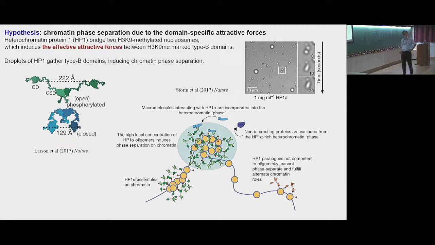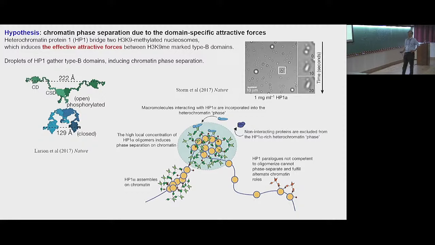To support this phase separation mechanism, one idea is the finding that HP1 forms a liquid droplet in vitro. But this observation was done in a rather extreme condition of unphysiological pH. But anyway, it can form liquid droplets like this. And if similar droplets are formed in vivo, then chromatin will be gathered to form heterochromatin.